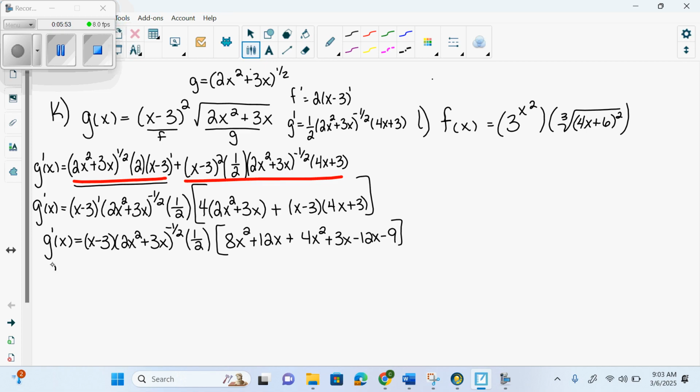Now, the catch here is that the x minus 3 stays in the numerator. That half, the 1 stays in the numerator, which I don't need to write, and the 2 goes to the denominator. When you have that half in front, the 2 goes to the denominator, the 1 goes to the numerator when it's in front. And then this 2x squared plus 3x can go to the denominator and go to the half.